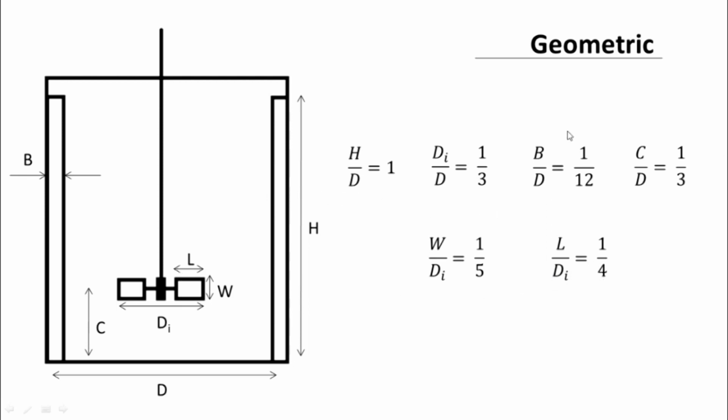So there are 4 criteria normalized with the tank diameter: H by D, Di by D, B by D, and C by D. And there are 2 that are based on the impeller diameter, W by Di is 1/5 and L by Di is 1/4. As long as these are maintained the same, chosen both at the small scale and at the large scale, we will have geometric similarity.